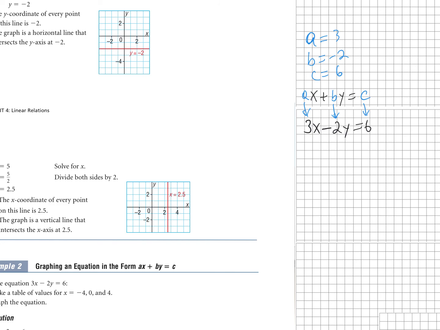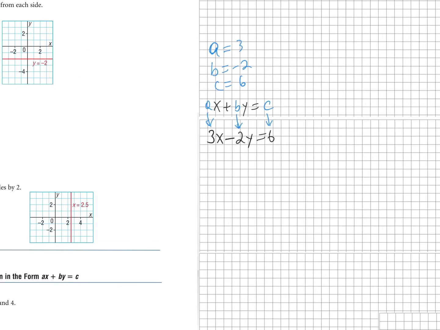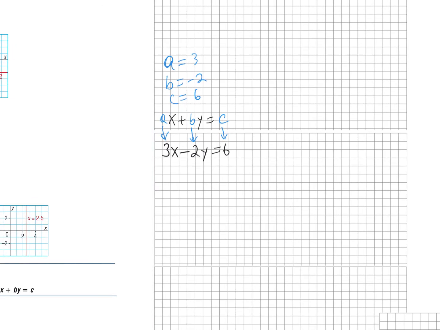So what this wants us to do is, we want to create a table of values. So I can come over here and create a table of values. First things first, we're going to have the table of values of x and y. There's only going to be 3 values. We're going to have -4, 0, and a +4, not a +2.